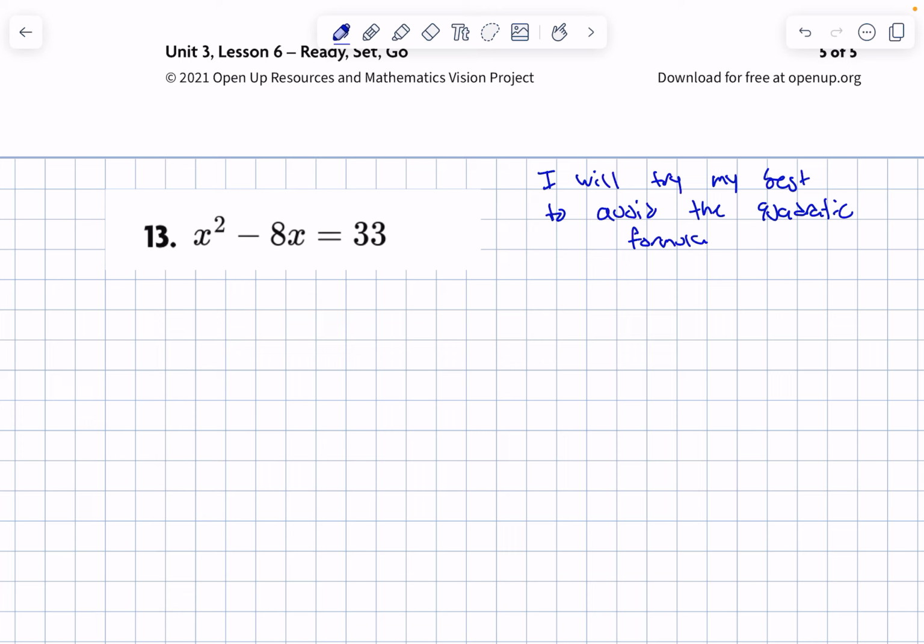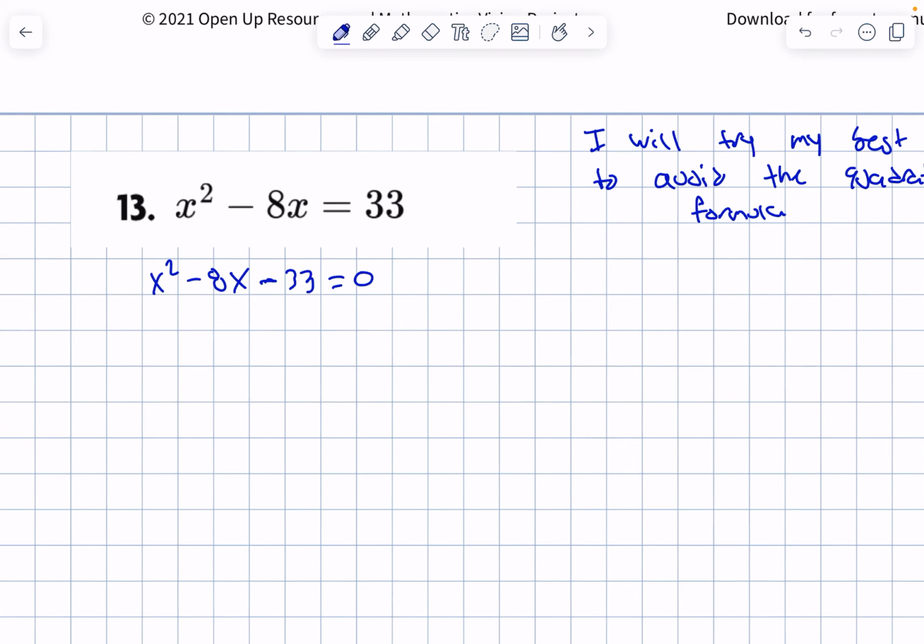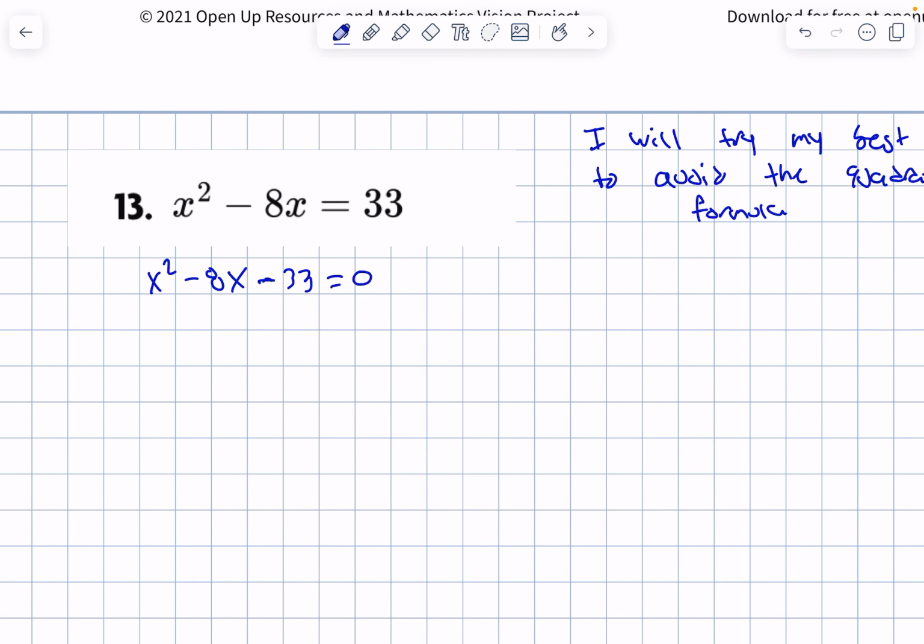So let's think about this as x squared minus 8x minus 33 is equal to 0, okay? So let's think about how I can factor this. I want numbers that multiply to 33. So 1 and 33, 3 and 11. 4 doesn't work, 5 doesn't work, 6 doesn't work, 7, 8, 9, 10, and 11.